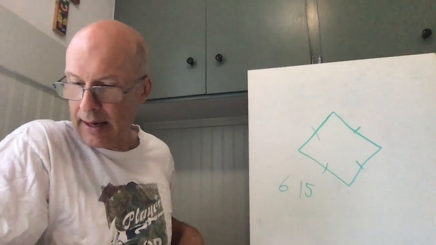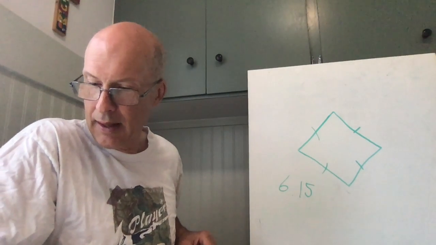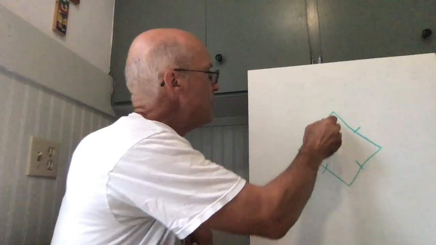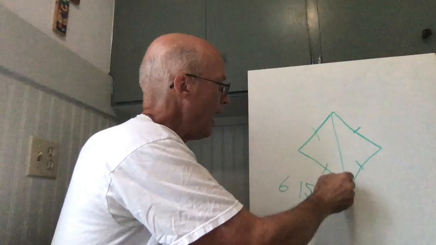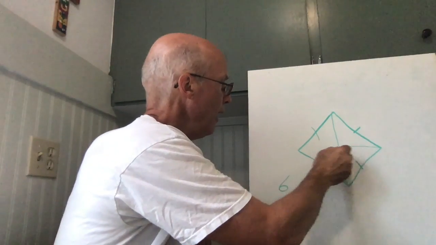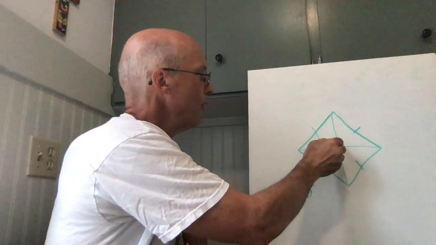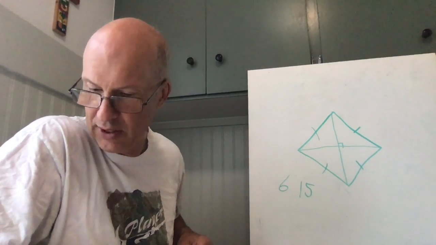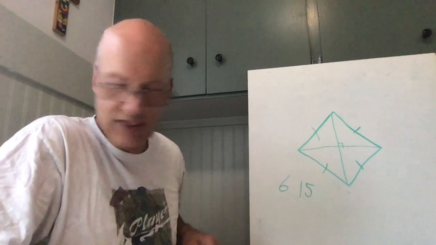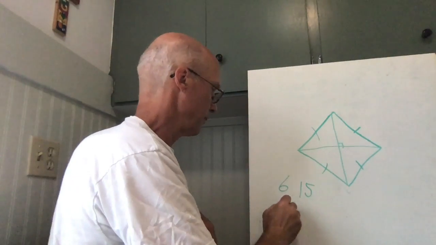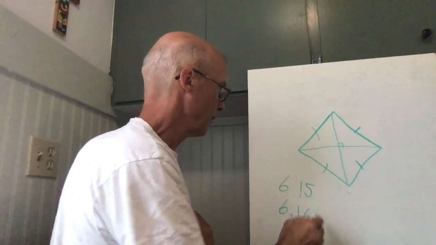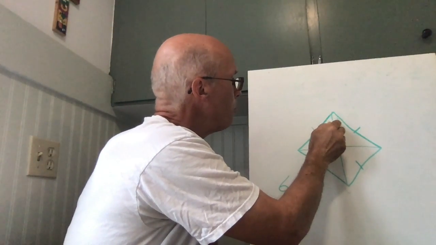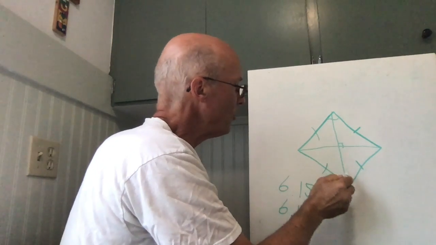So, 6-15 says that if a parallelogram is a rhombus, then its diagonals are going to be perpendicular. If I draw that and that, these are going to be perpendicular. That's 6-15. 6-16 says the diagonals are always going to bisect the opposite angles.